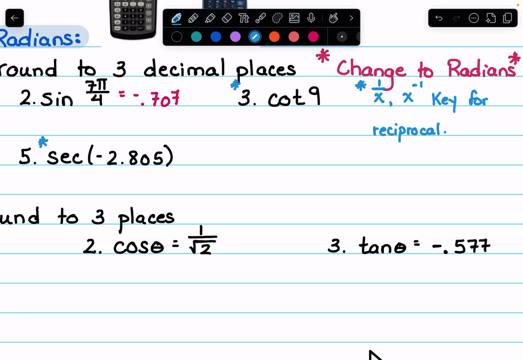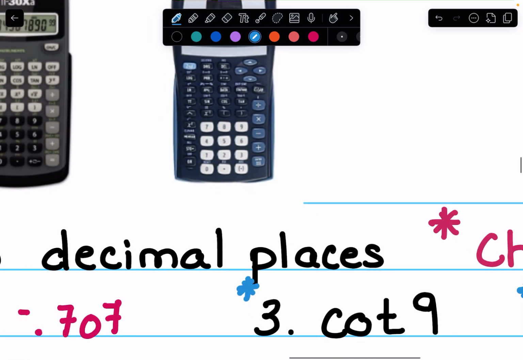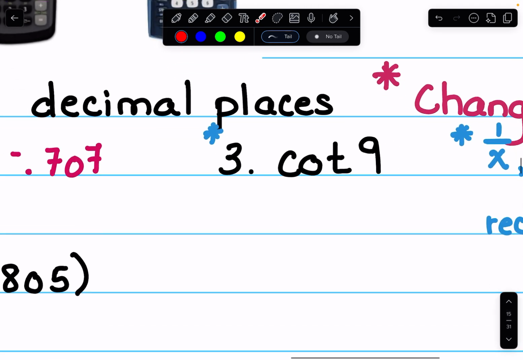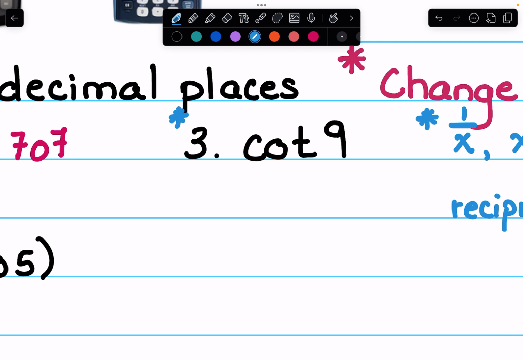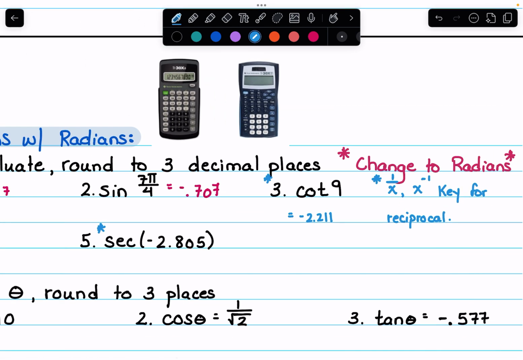You do have that button, tangent 9, enter, and then on this calculator, you would hit this button right above the 7, and then you would hit this button on the other one, 1 divided by x, two buttons above the 7, and then press enter. And you should get negative 2.211. Okay? So you're just doing the reciprocal.